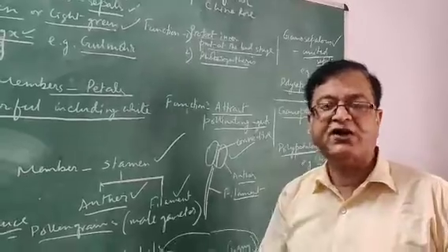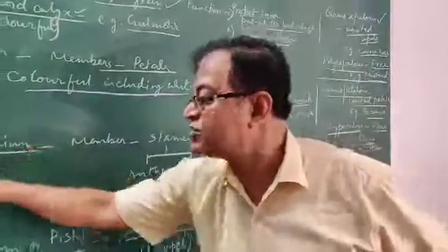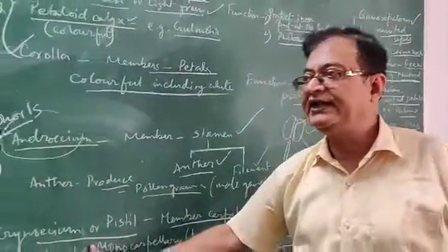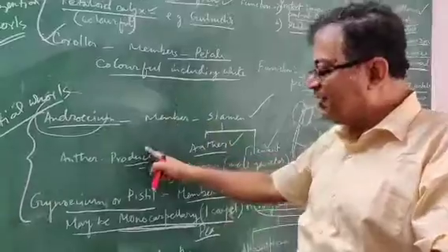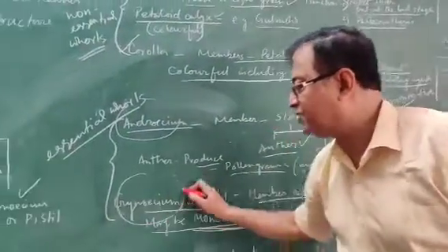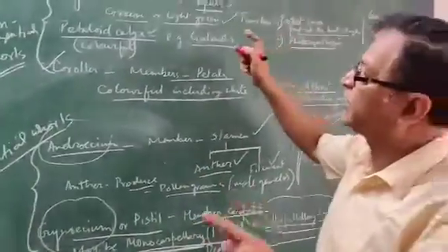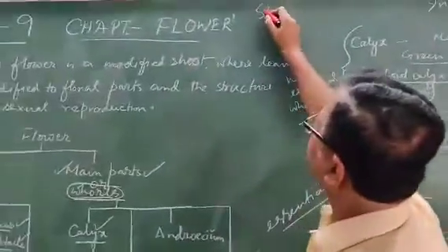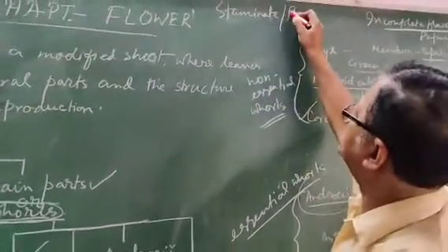Sexuality of flower is also there. If the flowers have only androecium and no gynoecium, then it is called a staminate flower. And if the flower has only gynoecium and no androecium, then it is called a pistillate flower. So two more terminologies come there: staminate flower and pistillate flower.